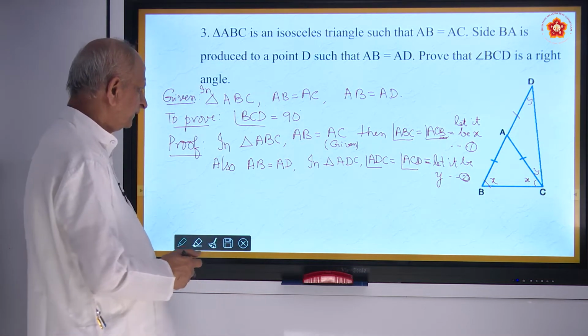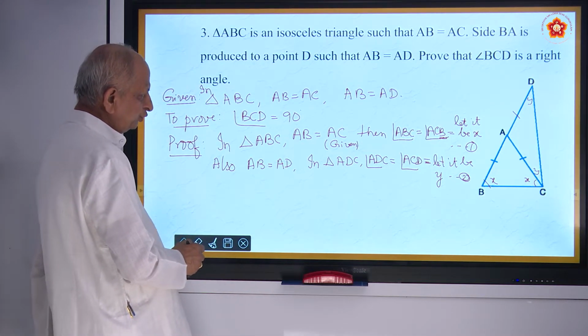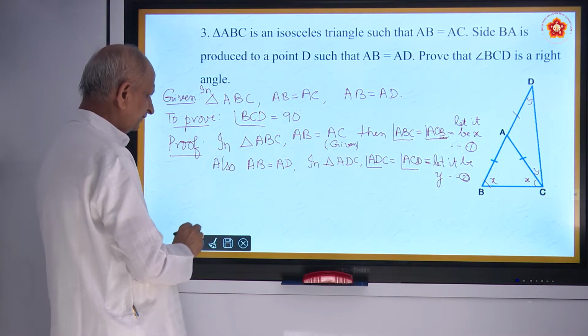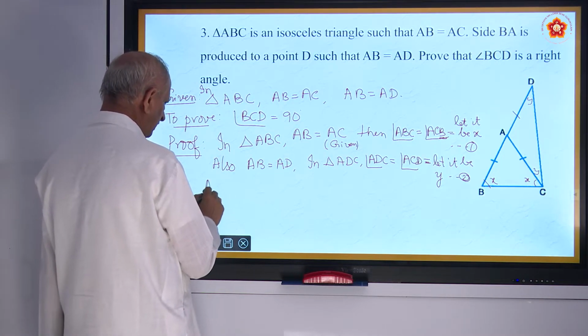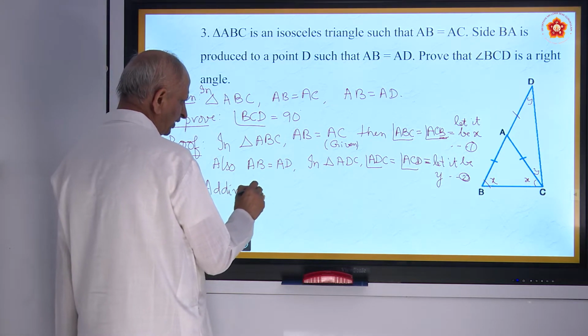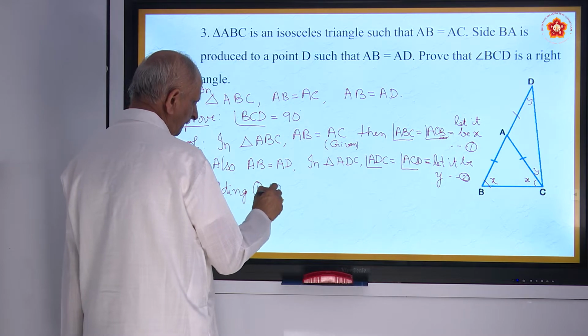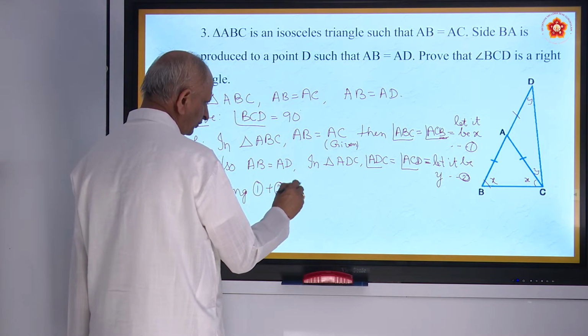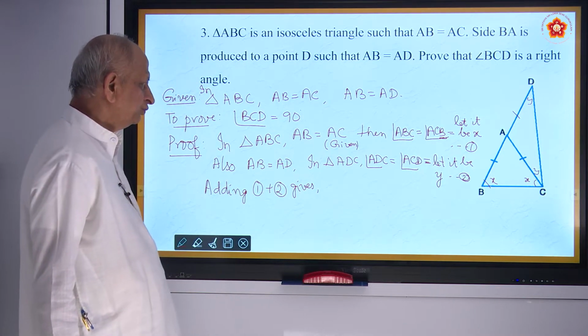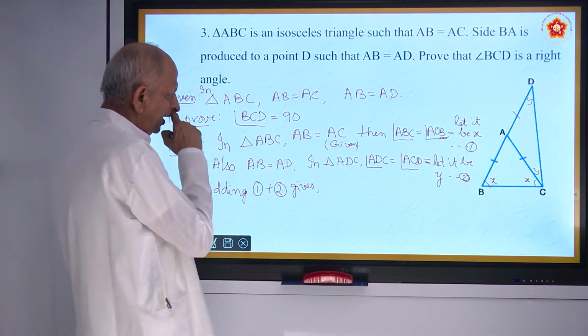Okay. Now, adding these two, because you have to prove that BCD is 90°. So, adding result number 1 plus 2.